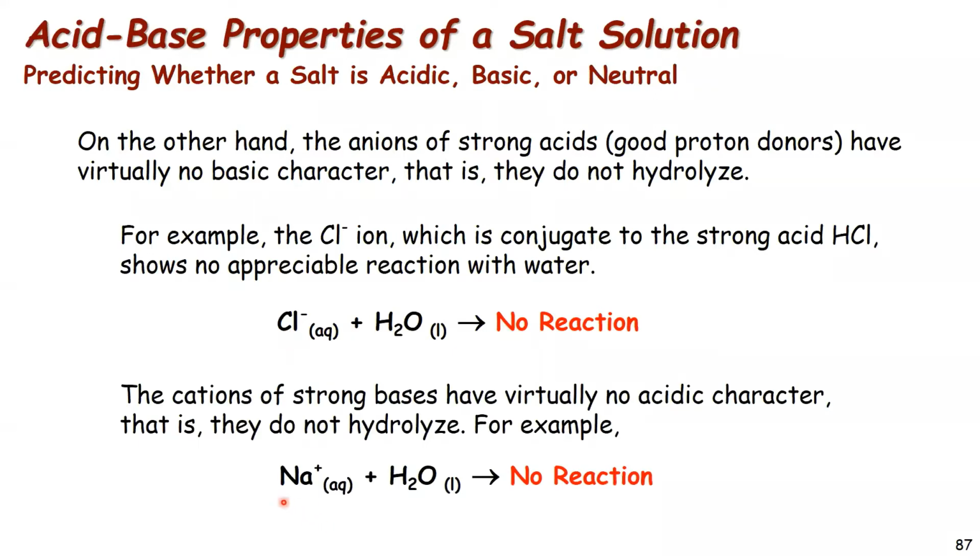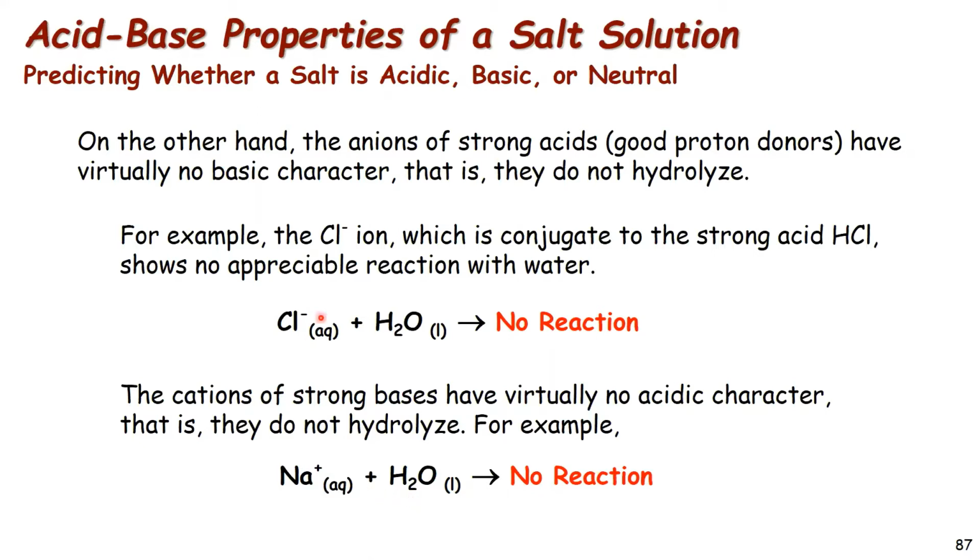Again, we've seen it for the sodium ion, right? And this would be true for the lithium and the potassium and the calcium, strontium, and barium ions, right? So basically, again, we've seen that it would form sodium hydroxide, but that's a strong base and immediately would go back and dissociate. So that's not going to happen either.